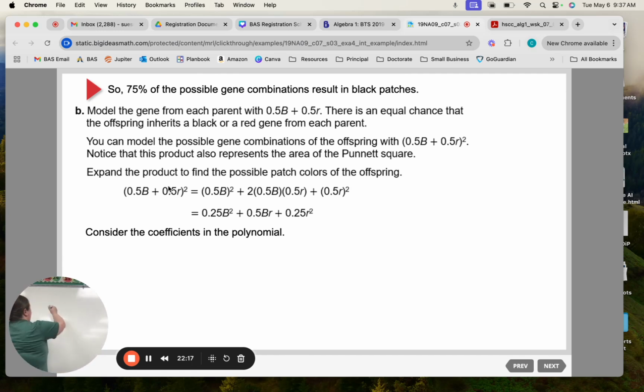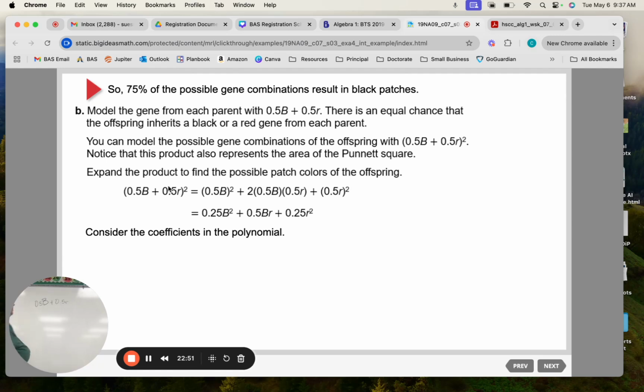All right, so we have the big Punnett square, which is BB, right? So 0.5 B from the parent, and then plus 0.5 R. So you get half from the dominant and half from the recessive.